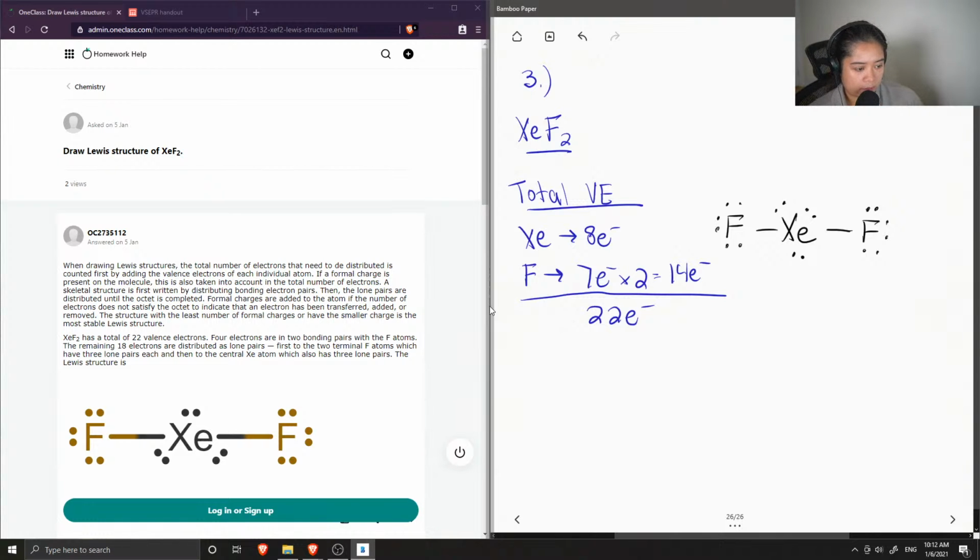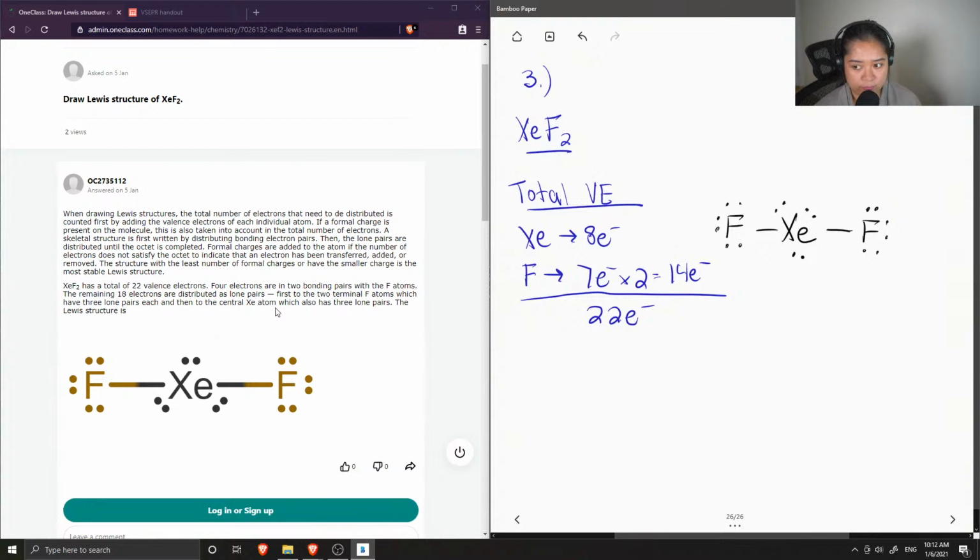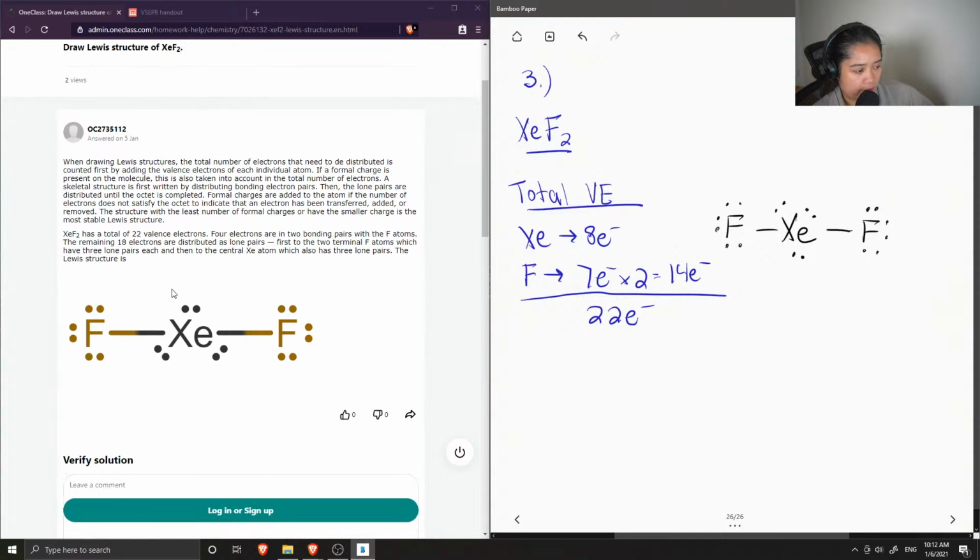So xenon is one of the exceptions to the octet rule, in which it is able to have more than 8 shared electrons in its valence shell. And if we see what the junior tutor said, when drawing Lewis structures, the total number of electrons that need to be distributed is counted first by adding the valence electrons of each individual atom.